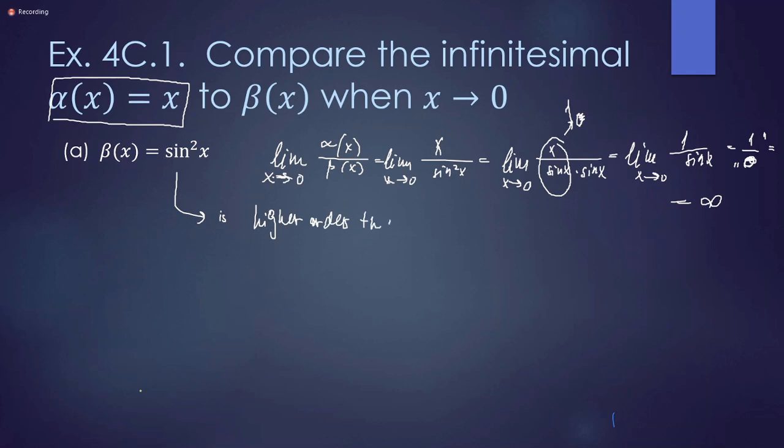Or I can write beta of x is o small of alpha of x. Higher order means stronger, infinitely small, much smaller than alpha. So sine square x is much smaller than x when x approaches 0.